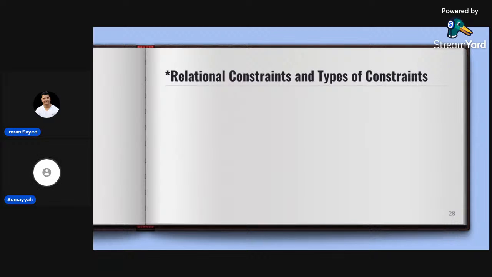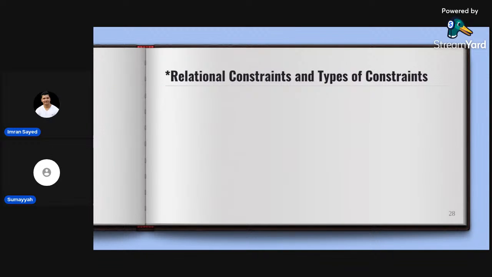Key constraint, domain constraint, and integrity constraints. What is a domain constraint? A domain constraint specifies that an attribute should contain an atomic value, so it should not be multivalued or composite, and it should have values of its specified domain or data type.